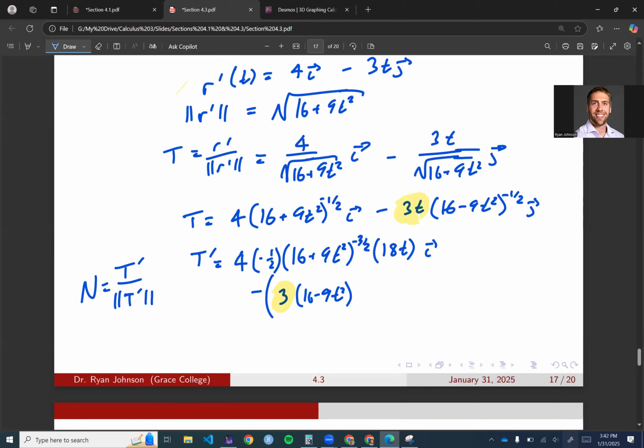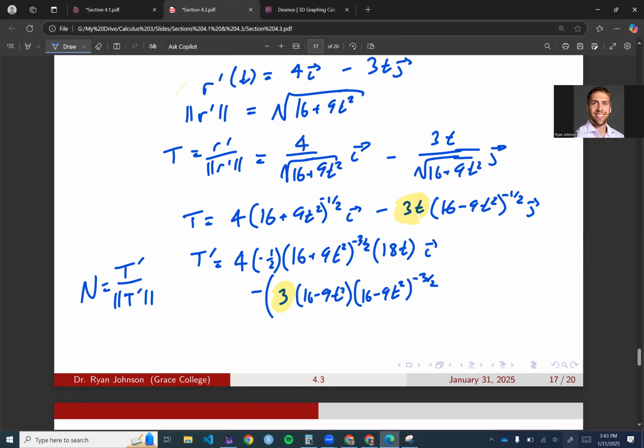So I'm going to make this, it would be to the negative 1/2, right? But the negative 1/2 is the same thing as 1 minus 3/2. So (16 plus 9t squared) to the negative 3/2. Okay?